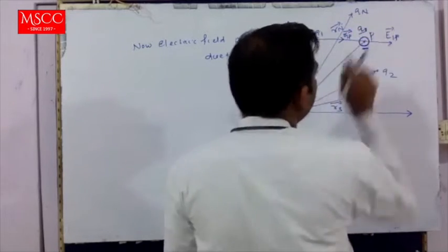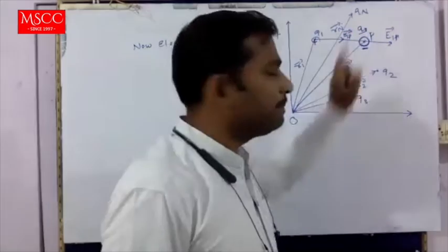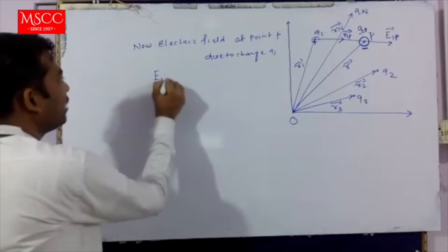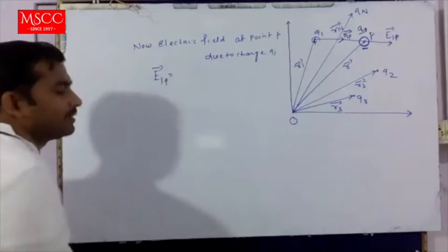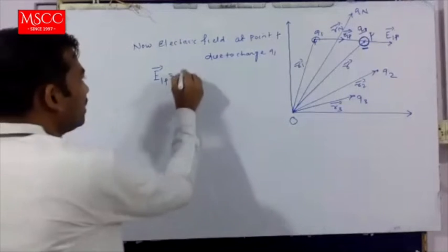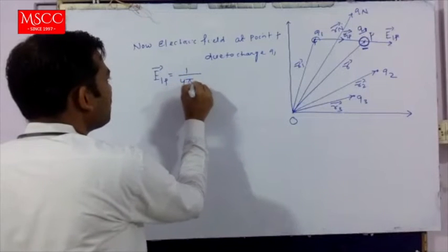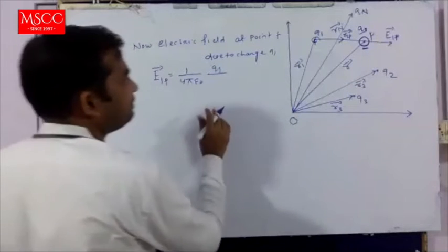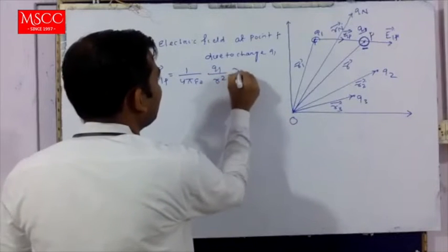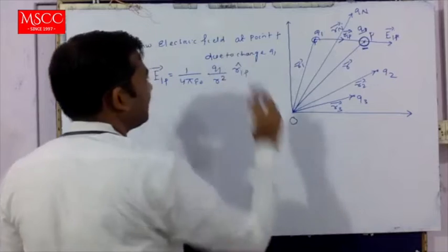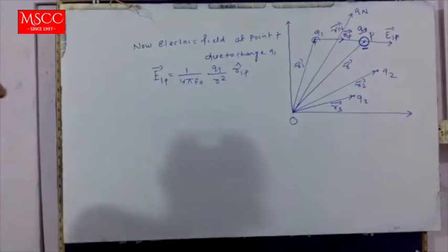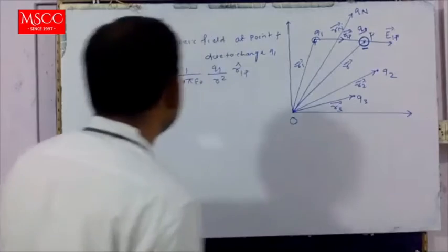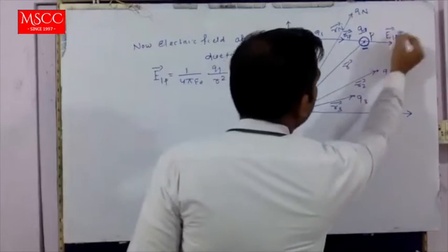That is E1P equals 1 by 4 pi epsilon 0 Q1 by R1P square R1P cap. This gives the direction of the electric field.